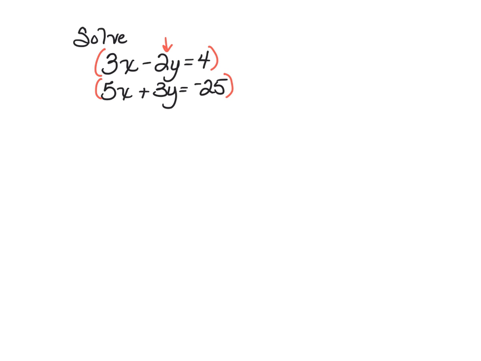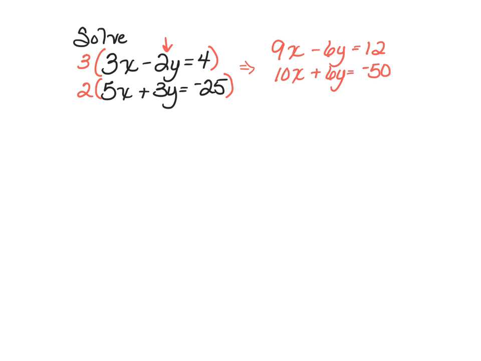And so I want to multiply the top equation by 3 and the bottom equation by 2. And so that gives me 9x minus 6y equals 12, and 10x plus 6y equals negative 50.